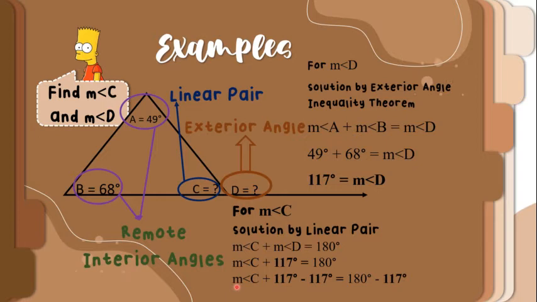So what remains here is the measurement of angle C. Measurement of angle C is equal to 180 minus 117. Now 180 minus 117, I believe that is 63. Now we have the value of the angle C. The measurement of the angle C is 63 degrees.